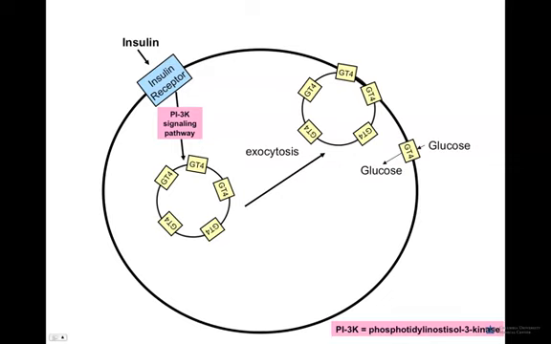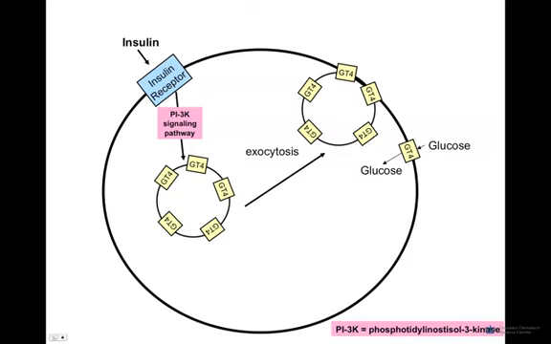When insulin binds to the insulin receptor on these cell types, it signals through a signaling pathway, a second messenger system, that we call the PI3K, or the phosphatidylinositol 3 kinase pathway, that stimulates, among other things, the exocytosis of these GLUT4 vesicles into the plasma membrane of the cell.